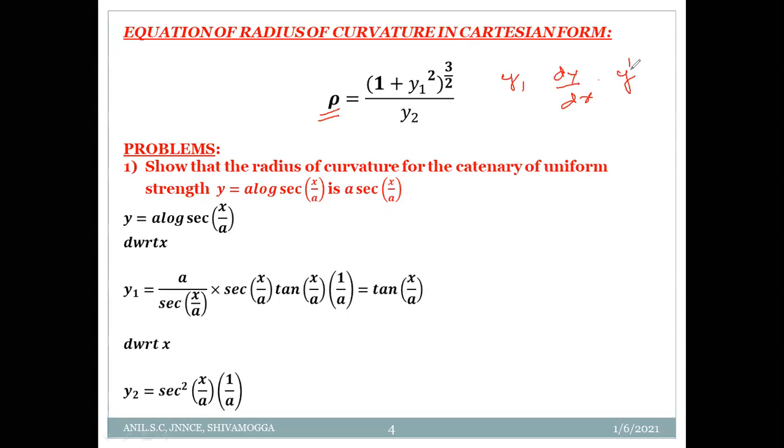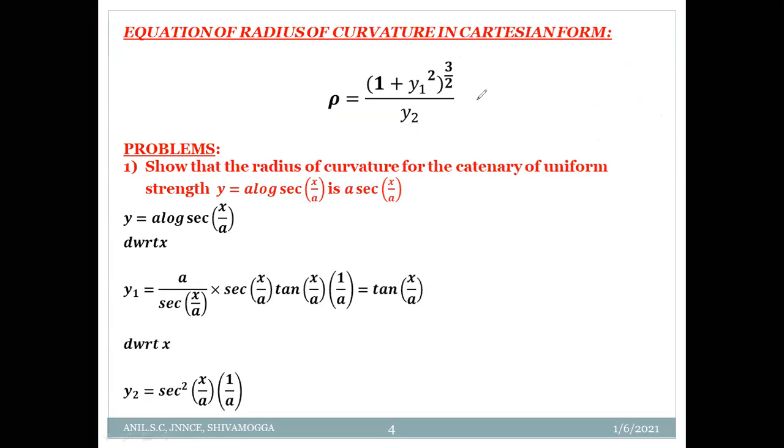You can use any of these three notations. y2 is the second order derivative, d square y by dx square or y double dash. You can use any one of these three notations. Rho, the radius of curvature, is (1 plus y1 square) whole power 3 by 2 divided by y2.